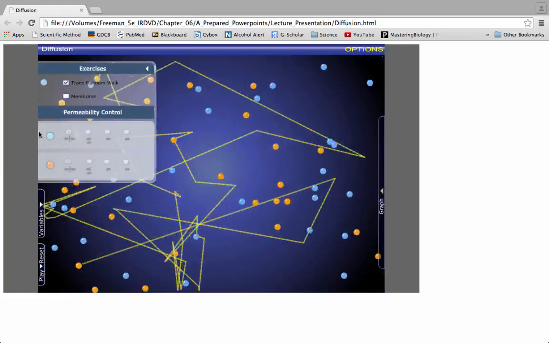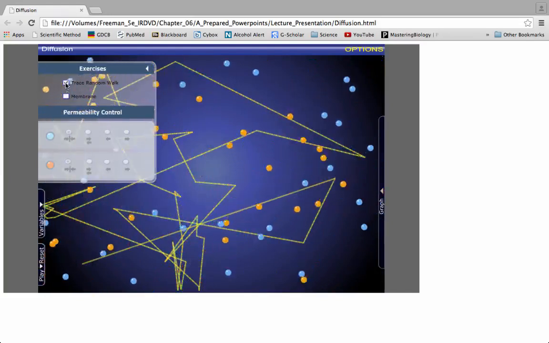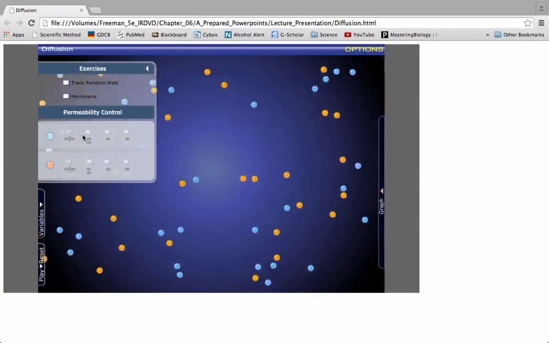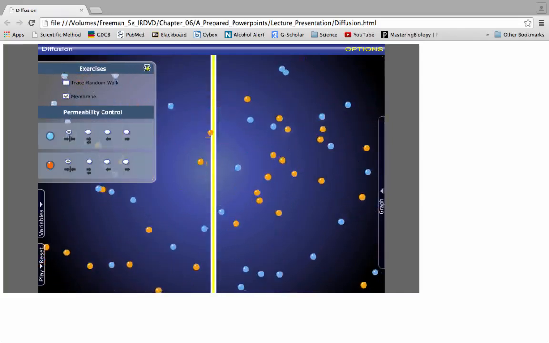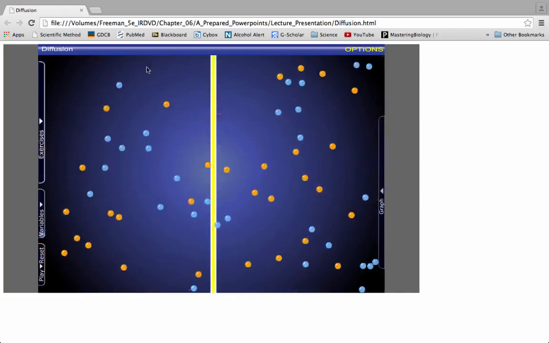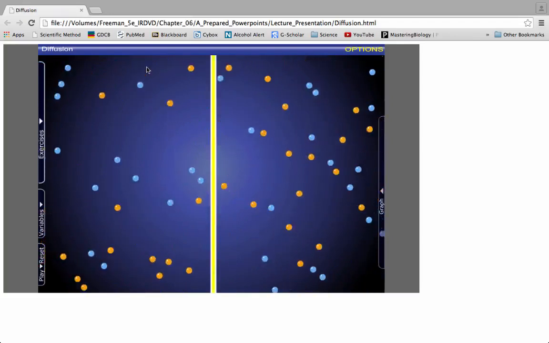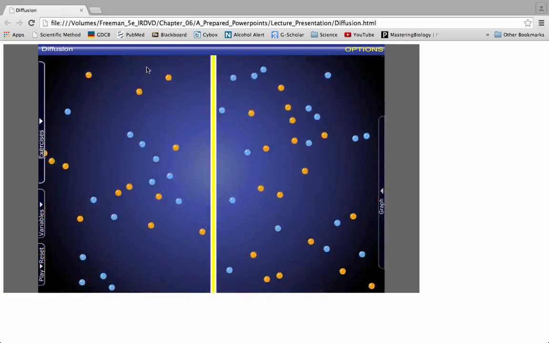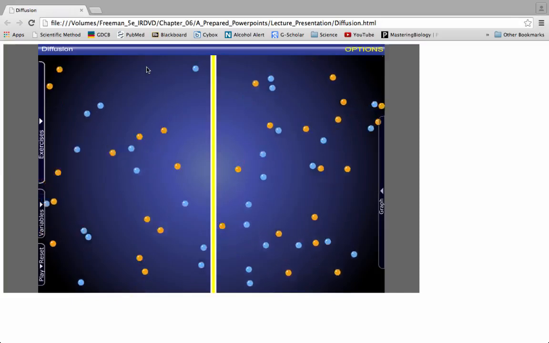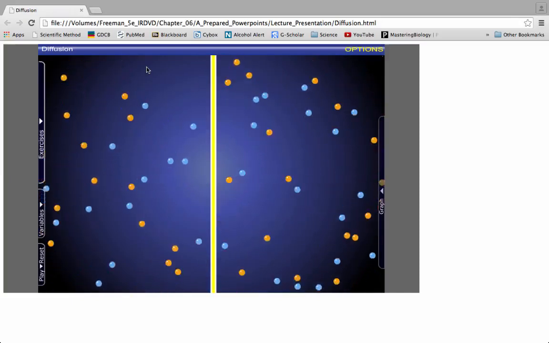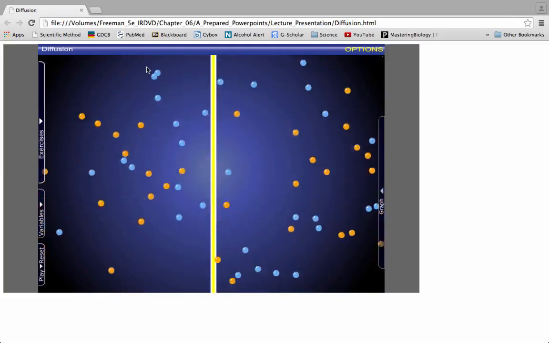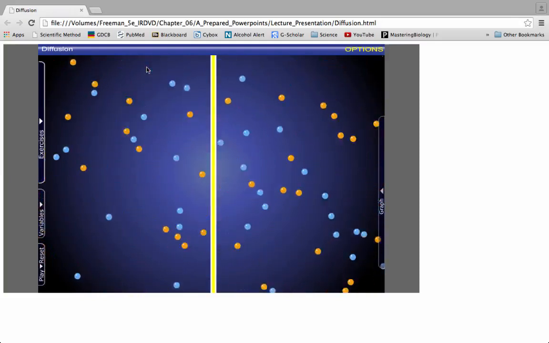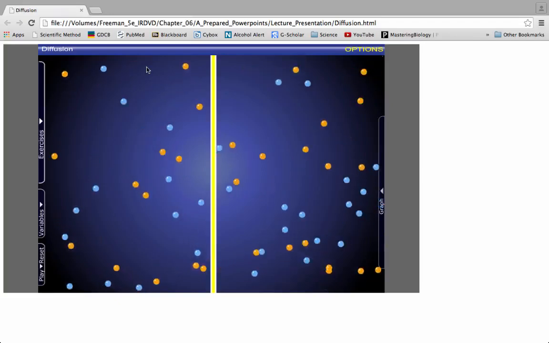Alright, so now we're going to eliminate the trace and add a membrane to this container. Now this membrane does not allow any molecules to move across it, so both the blue and orange molecules are colliding with it and then changing direction and are unable to cross this particular membrane.